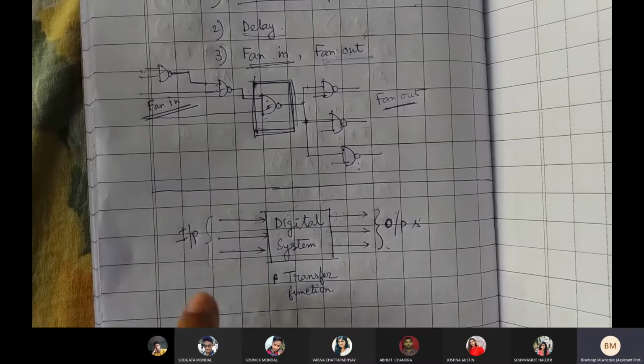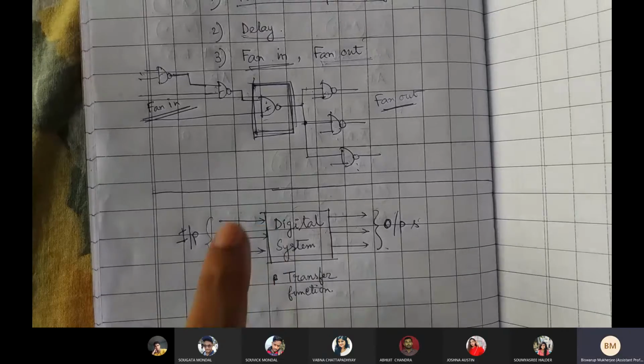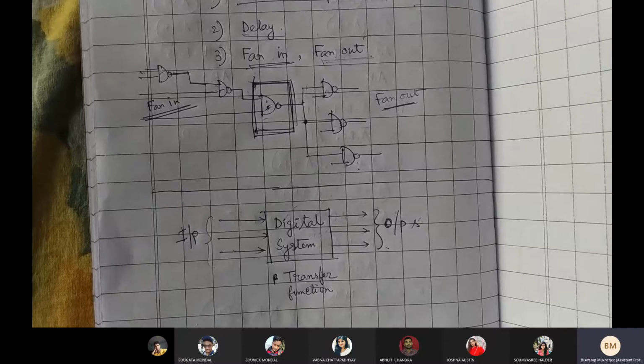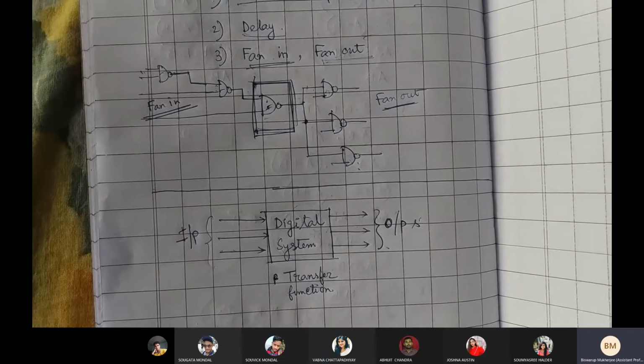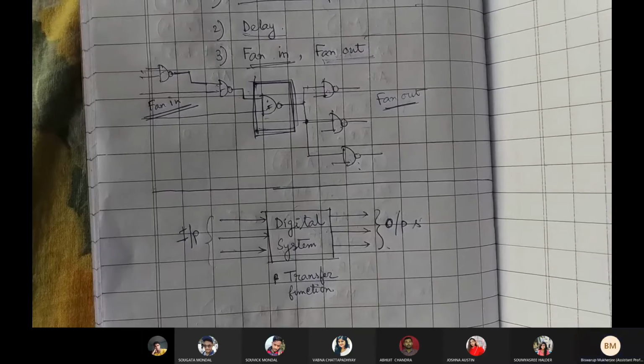Similarly, if it's an electrical signal input, that signal will have some definite parameters. Likewise, you can have a definite amplitude of the input, some definite frequency of the input, maybe some phase will define the input. That means there will be some fixed combination or fixed values of parameters for the inputs.